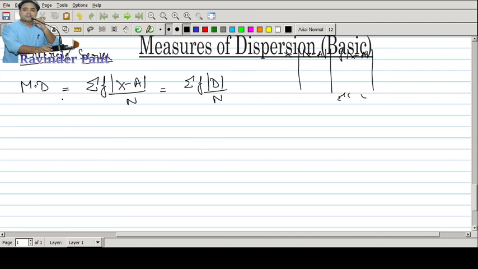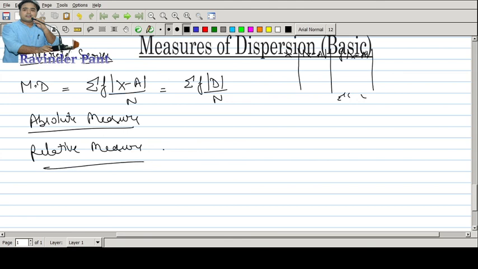Now if it's a continuous series, there is no change, just your x will become your mid value. So this was about absolute measure. This mean deviation was an absolute measure. Now for a relative measure, we calculate the coefficient of mean deviation.